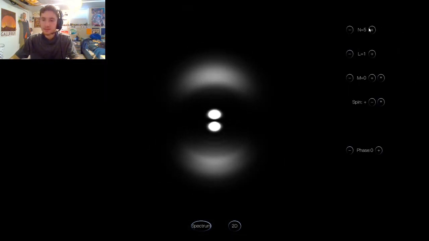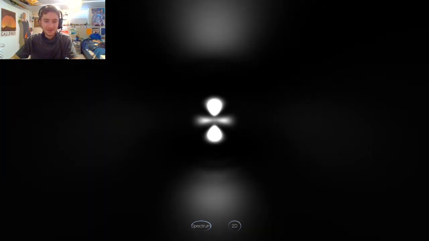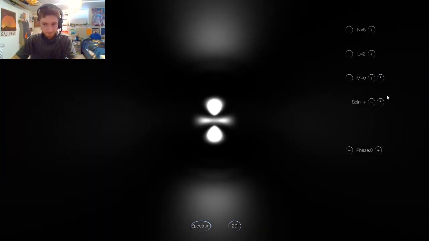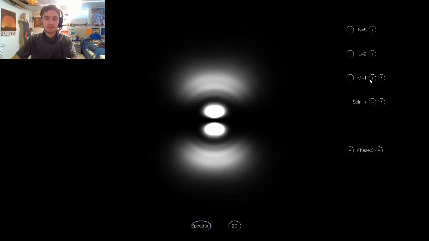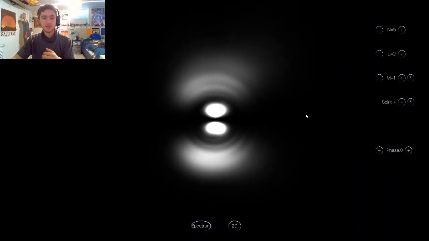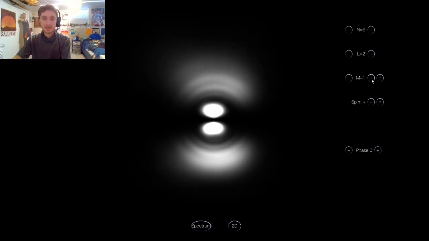And then 5p. Okay. So this is actually 5p1 because this makes it the next element, because that superscript is what the orientation is.